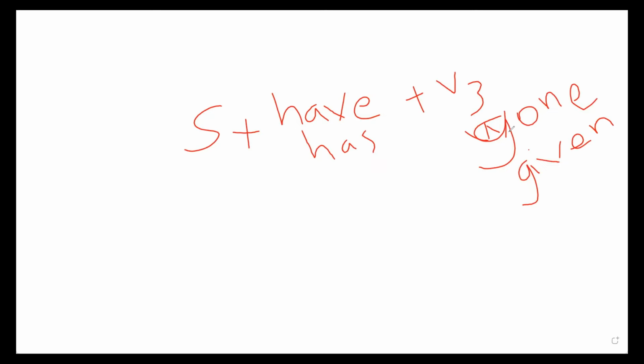So if the subject is I, we, you, they, or plural, the auxiliary verb should be have. If the subject is he, she, it, the auxiliary verb should be has. Right. Okay. Tell me an example for this tense.